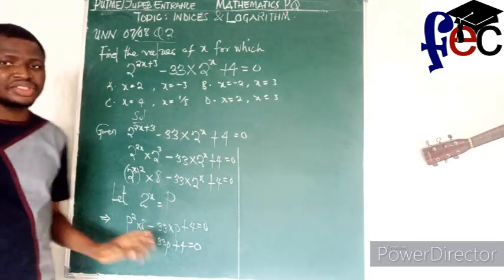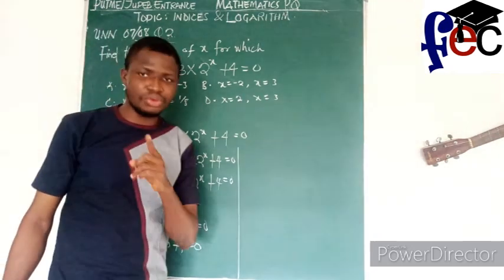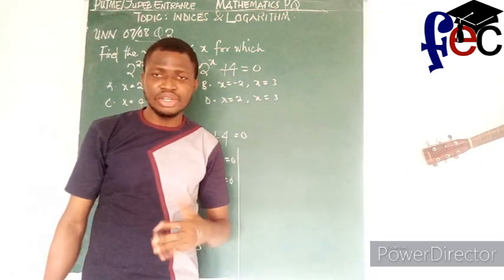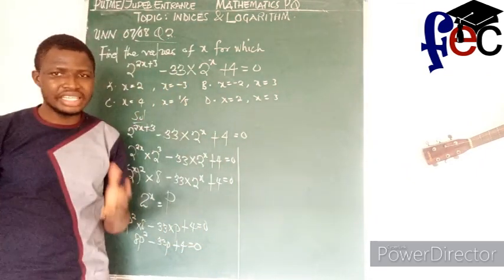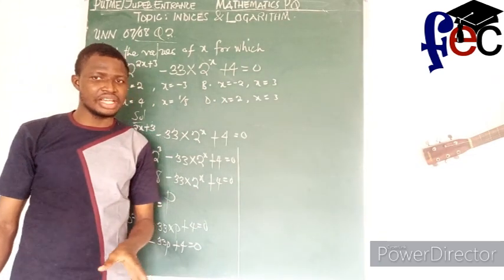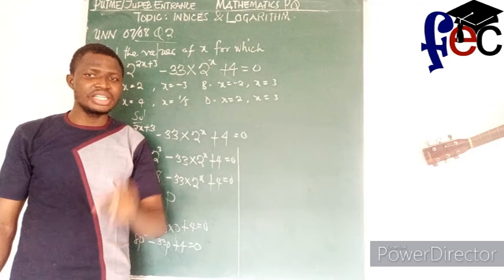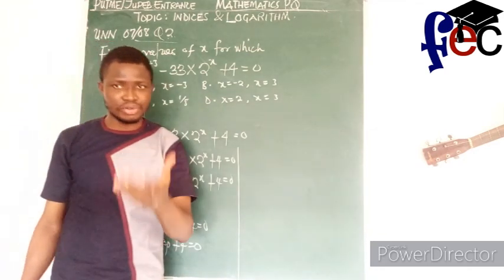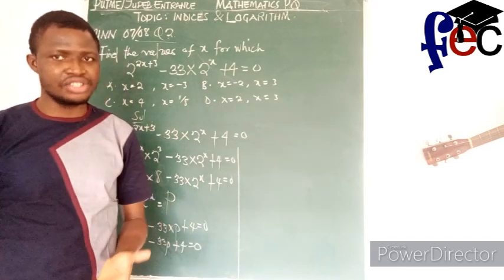But the shortcut is this: anytime you are solving a quadratic equation, especially for a multiple choice question, nobody is interested in the approach or the steps you took to get the answer. I believe you know how to solve a quadratic equation by factorization method.